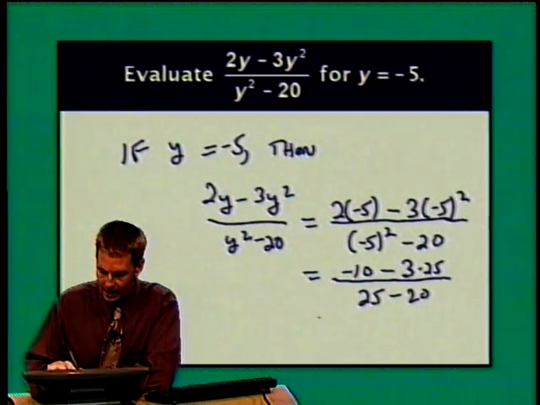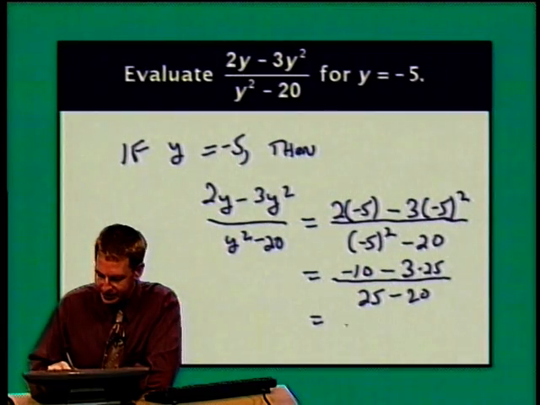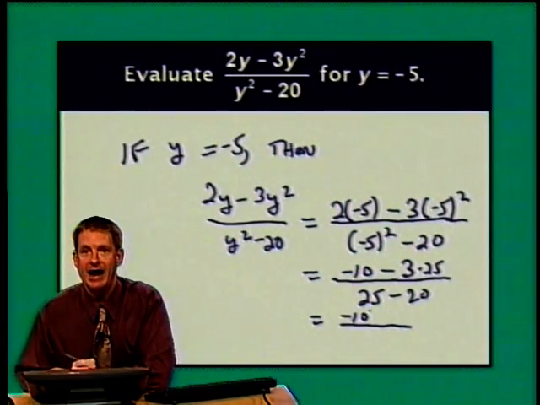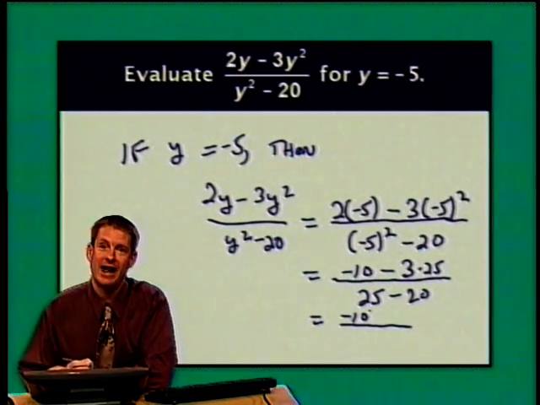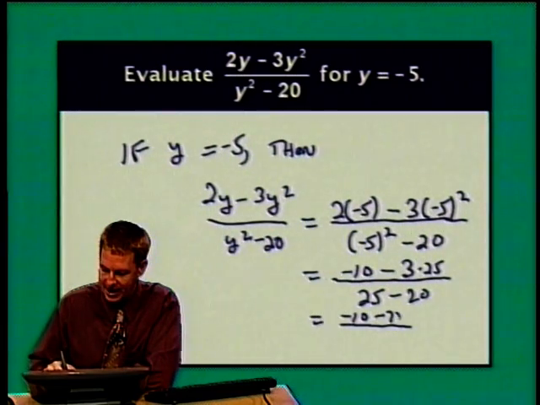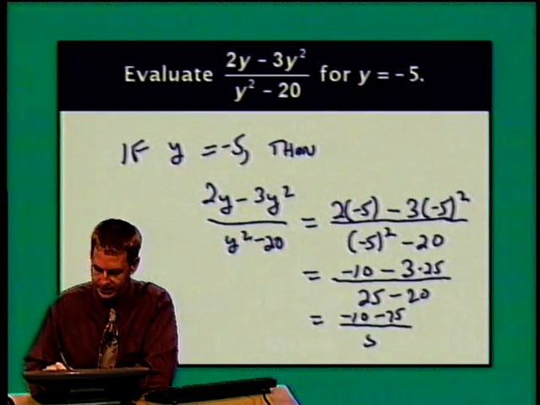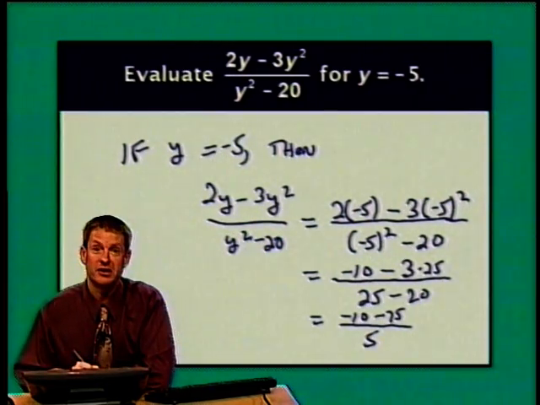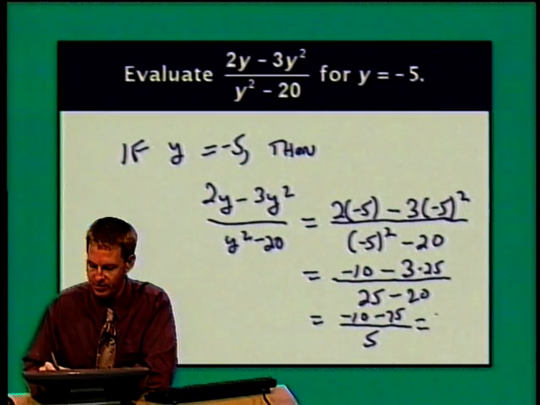In the numerator, I have a multiplication that needs to be performed before I can do the subtraction. The first term is negative 10, and I'm adding to that the opposite of 3 times 25. I'm adding negative 75, which is the same as subtracting 75. In the denominator, I have 25 minus 20, which is 5. It's still too soon to do the fraction division. I still need to add negative 10 and negative 75 in the numerator.